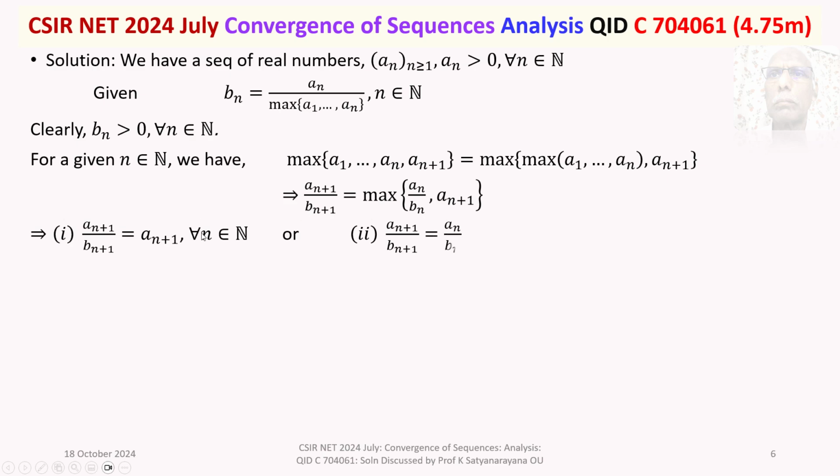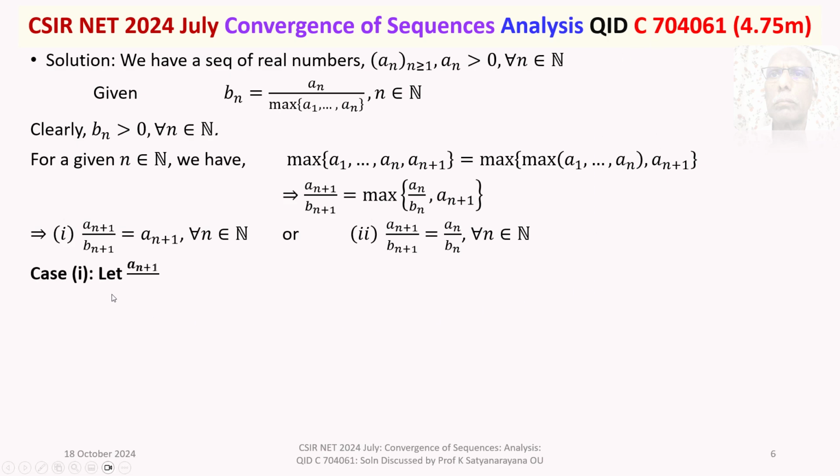One, a_{n+1} by b_{n+1} is equal to a_{n+1}, that means a_{n+1} is the maximum, for all n belongs to N. Or two, a_{n+1} by b_{n+1}, the second case, is equal to the first one, namely a_n by b_n, for all n belongs to N. So there arise two cases. We have to deal with the two cases.